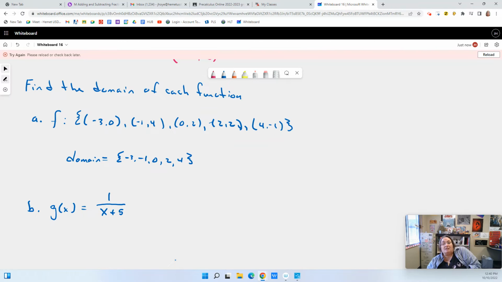So when I look at a problem like this and I want to know what is the domain of this function, I have to understand my rules. What number can I not divide by? Right, Kevin says 0 in the chat box. So what would make that denominator 0?